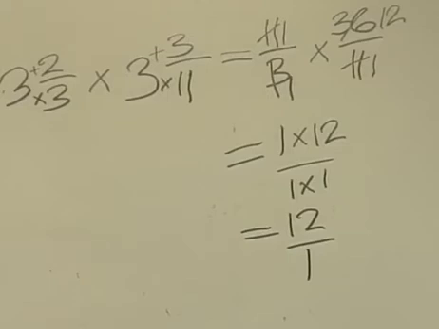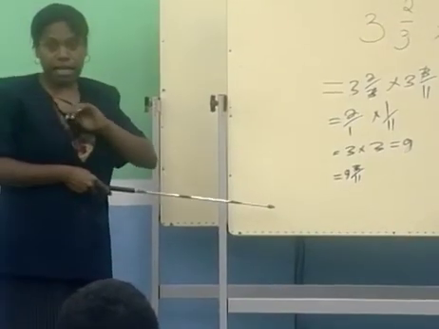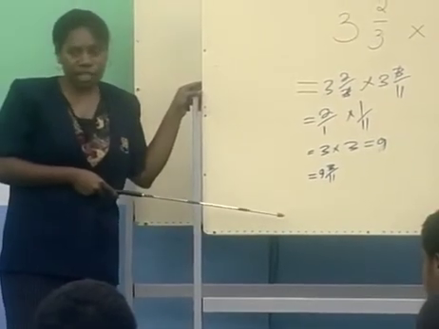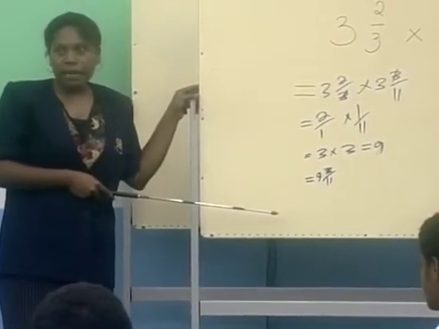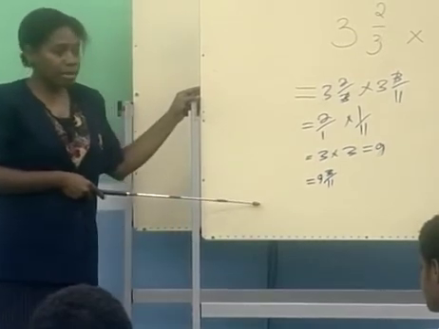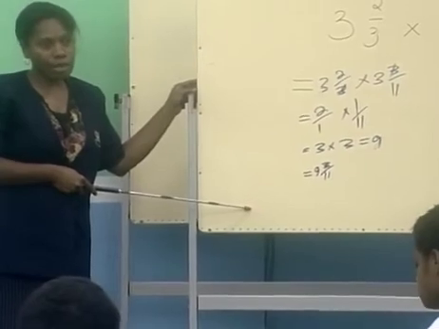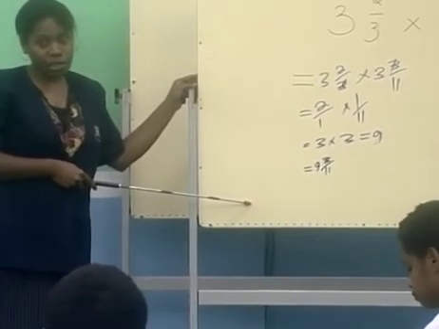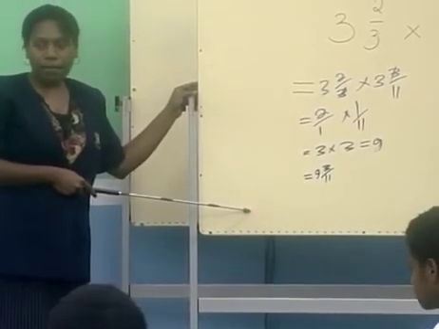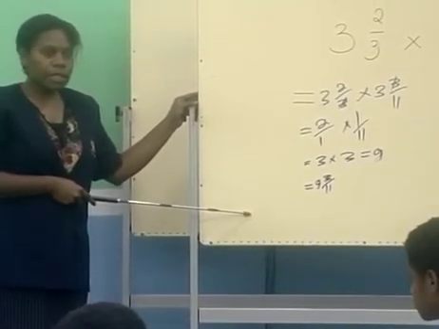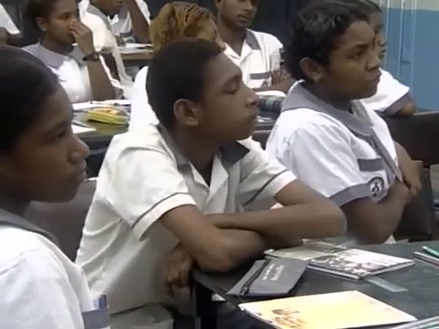Okay. Now, the two types of fractions multiplied together are mixed numbers. When you're multiplying two mixed numbers together, following the method for multiplying two fractions, do you go ahead and cancel, or what do you do first?